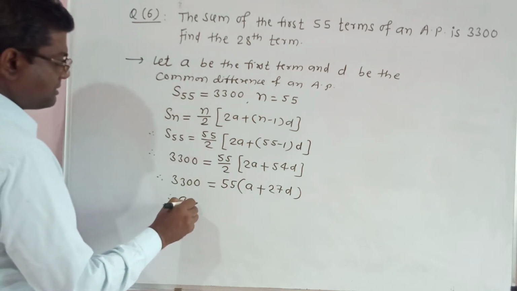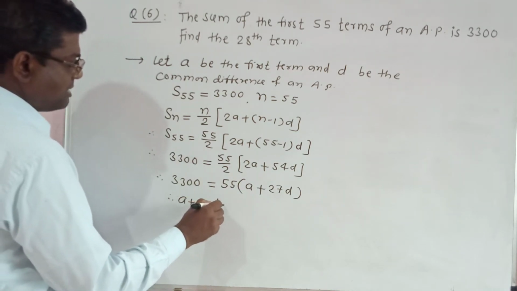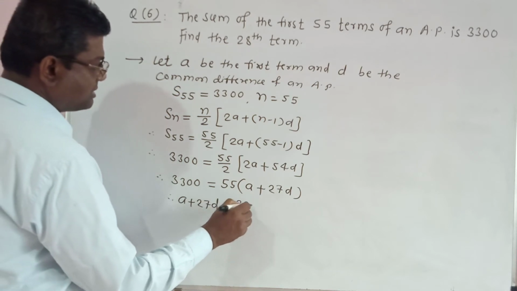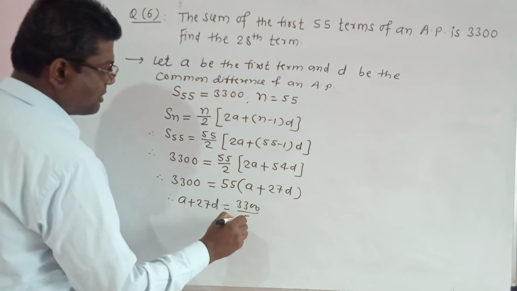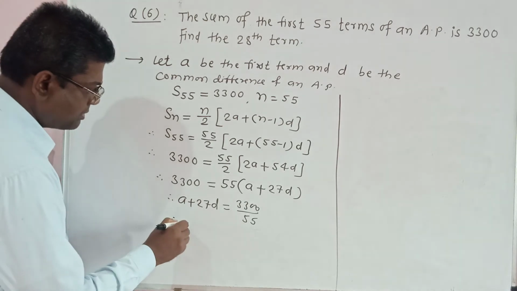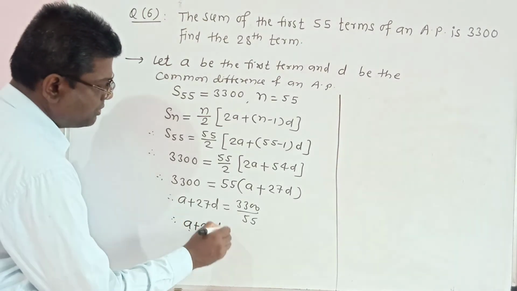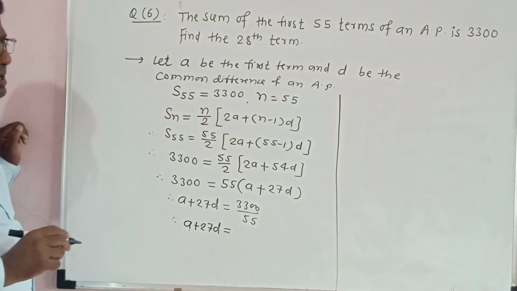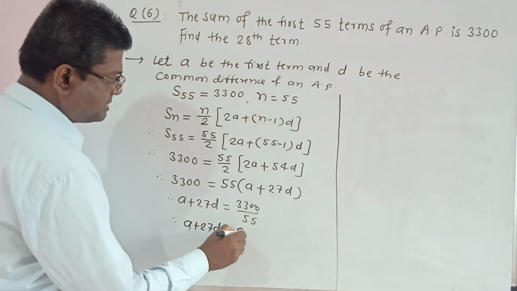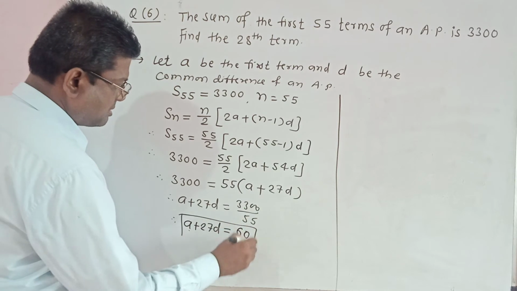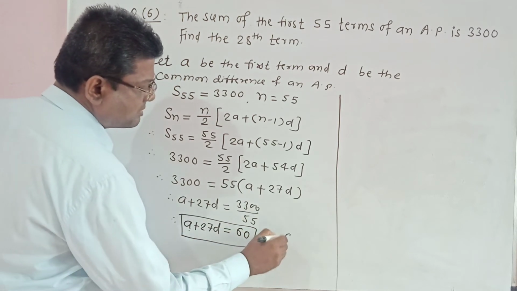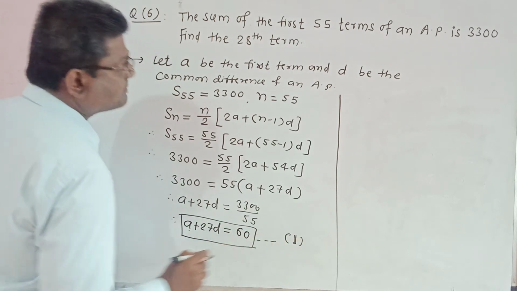Therefore a plus 27D is equal to 3300 upon 55. It will be 60. Now this is equation number 1.